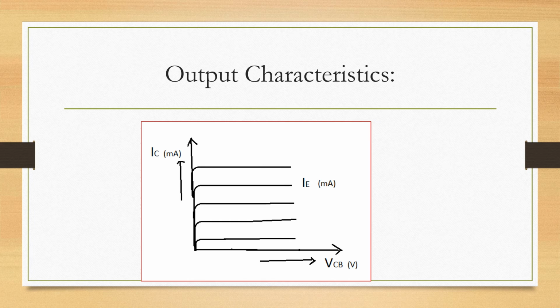What we observe in this output characteristics is the collector current IC varies with VCB, that is collector base voltage, only at the start, or when the collector base voltage is below 1 volt. Transistor is never operated below this voltage. This is the first thing we can observe.